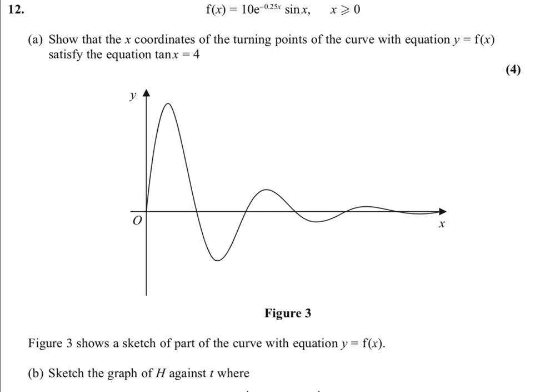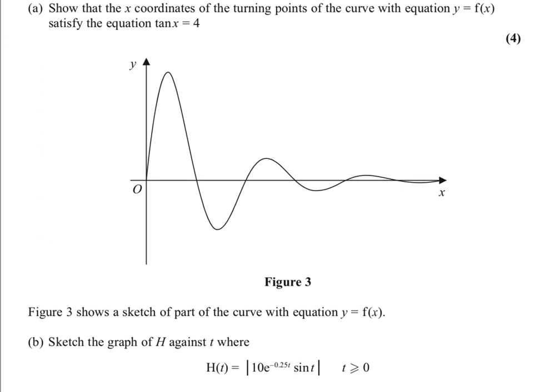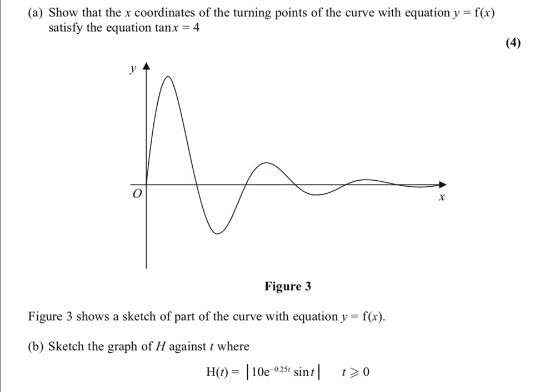Okay, part B then says, here's the graph of the function, and it wants us to sketch the modulus of that graph. So I'm going to use the graph we've got here and just draw over it. What's going to happen is this is going to stay as it is, but then when this goes negative, that's going to flick back up to the positive side.